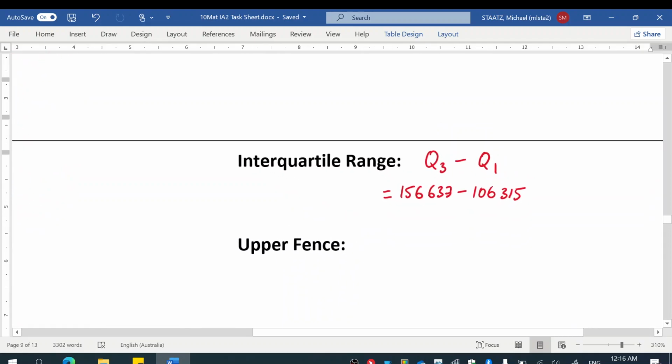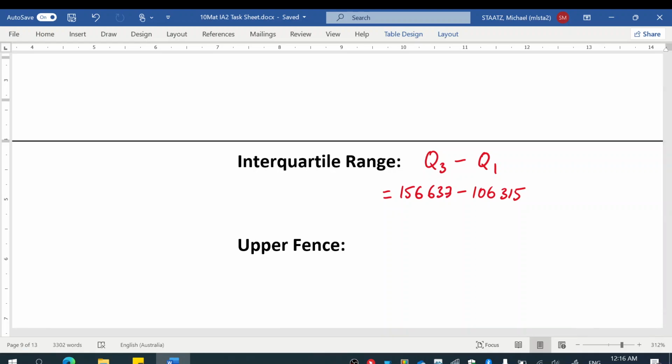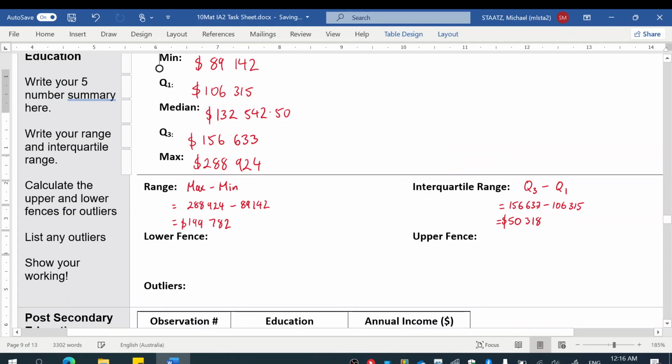And if I put that into my calculator now, 156,633 minus 106,315, I get 50,318. So now I've done my range and my interquartile range.